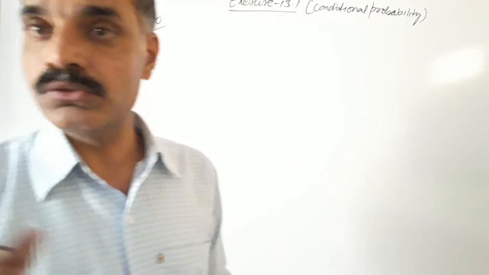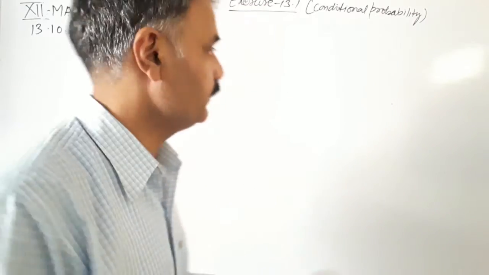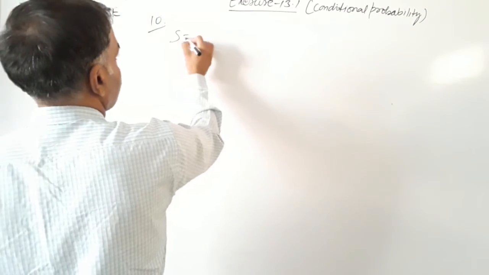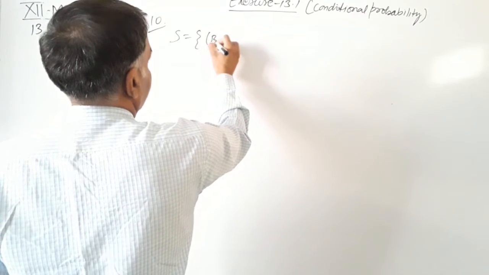So we have been given two dice. Two dice means a total of 36 events are there. So we can have it like this. Black die is the first die.